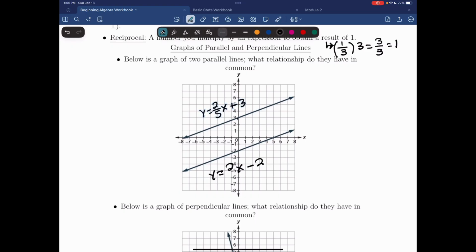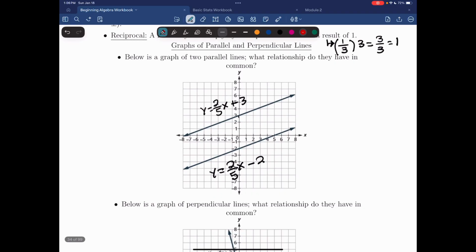So we get y equals 2/5 x minus 2. What do these two lines have in common? Notice the slope of both these lines is the same. And that is a rule of parallel lines. So what you just discovered is the rule of parallel lines on your own.